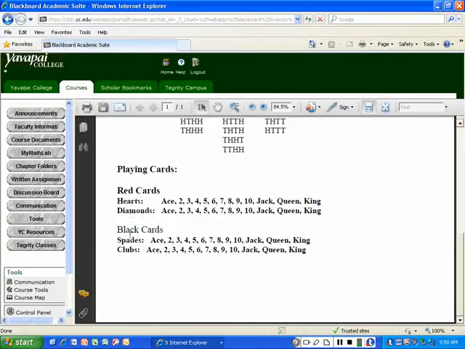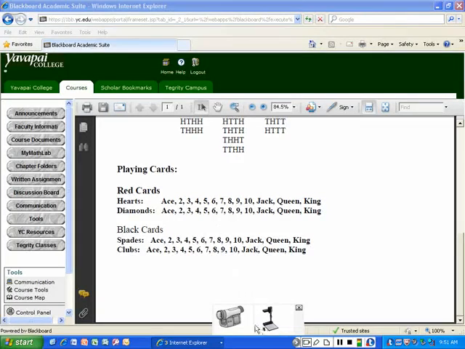And I have red cards, which are made up of hearts and diamonds, and I have black cards, which are spades and clubs. I have ace, 2, 3, 4, 5, 6, 7, 8, 9, 10, jack, queen, king. And our face cards are considered the jack, queen, and king. So if we look at how many face cards we have, 3 hearts, 3 diamonds, 3 spades, and 3 clubs. So we have a total of 12 face cards out of those 52 cards.